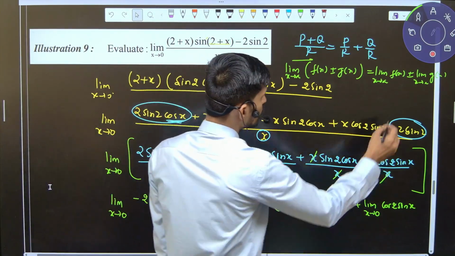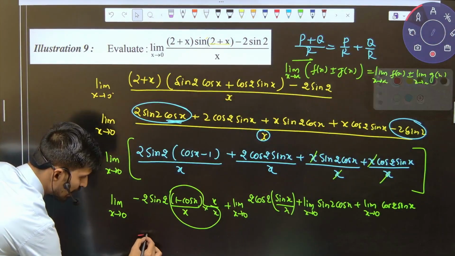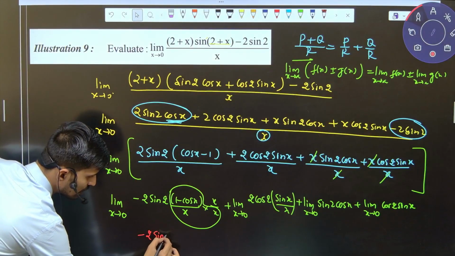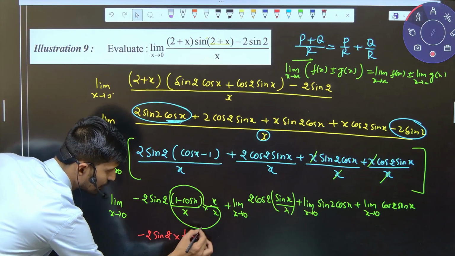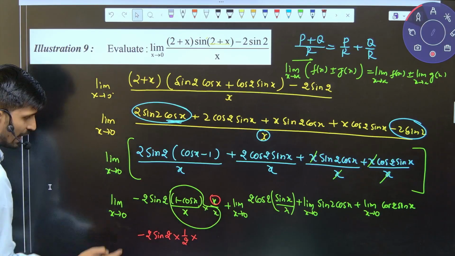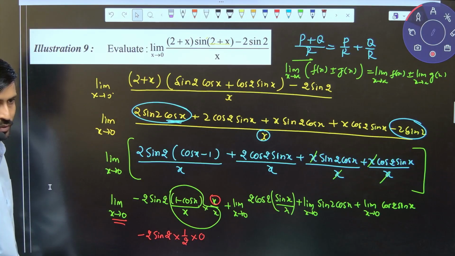Now I am going to solve the question. This is the last step. This will become minus 2 sin 2 into 1 by 2, and x is still left. And what is x? 0. That will come into 0. It means the total value will become 0.